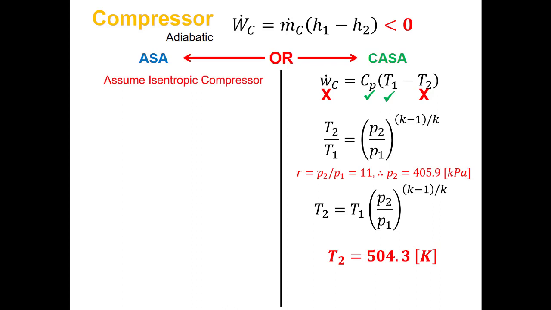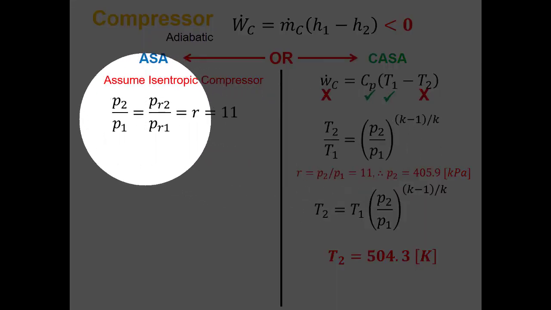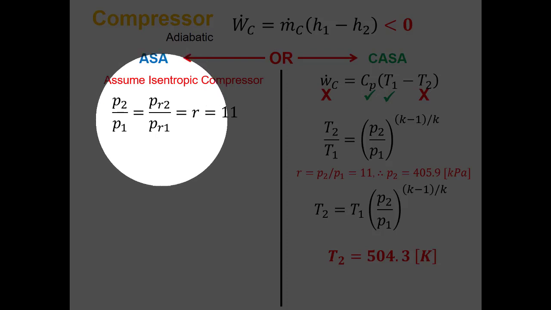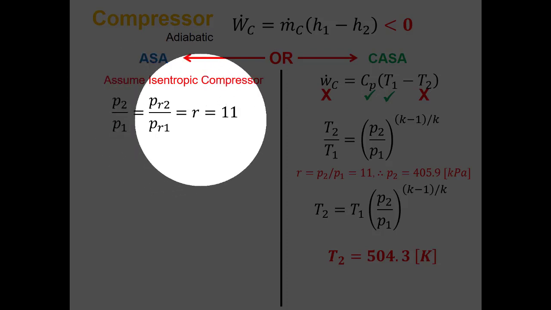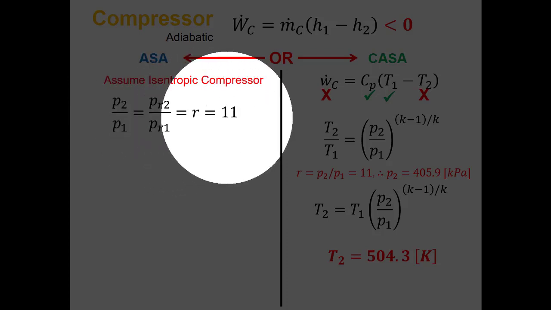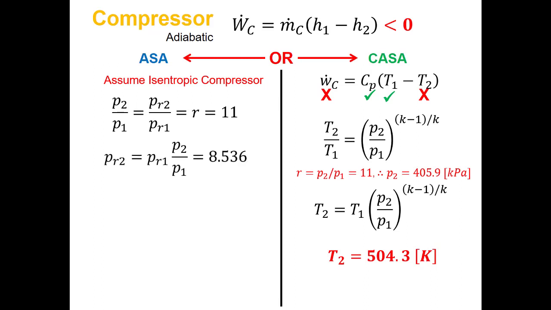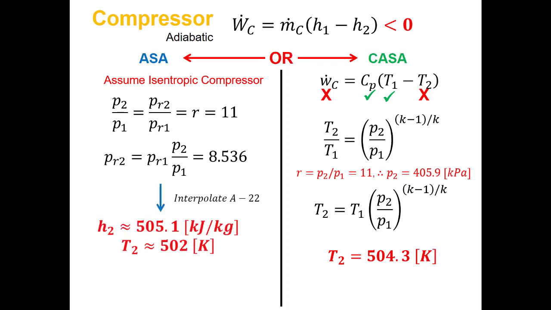If I was assuming that the specific heat was variable and that the compressor was isentropic, then I would use this expression, that the ratio of pressures across my compressor would be equal to the ratio of reduced pressures, which is equal to r, my compressor pressure ratio, which is 11. I've found Pr1, and I know P2 over P1, so I can find Pr2 as about 8.5.